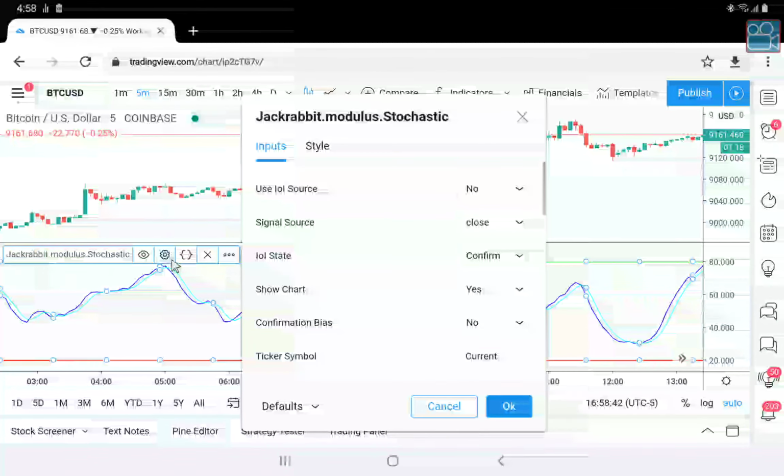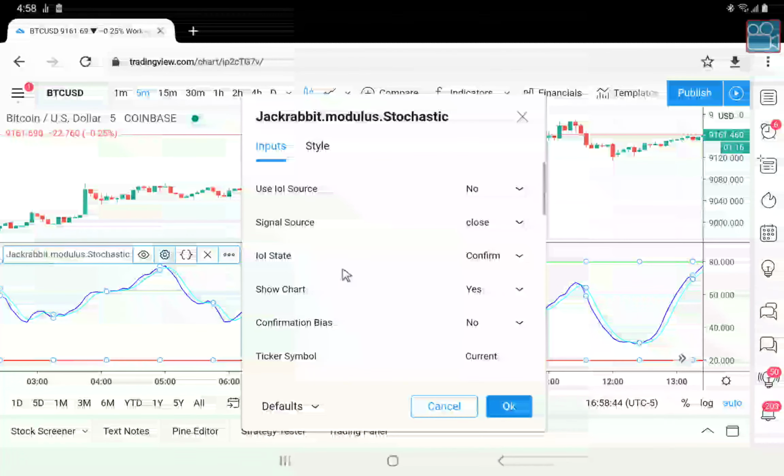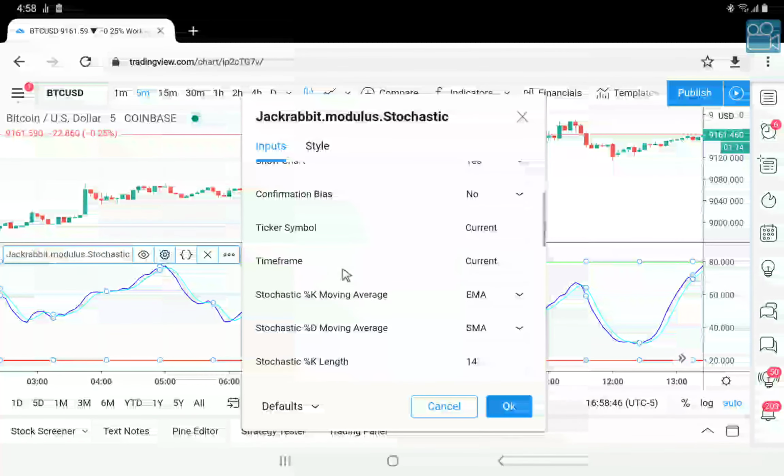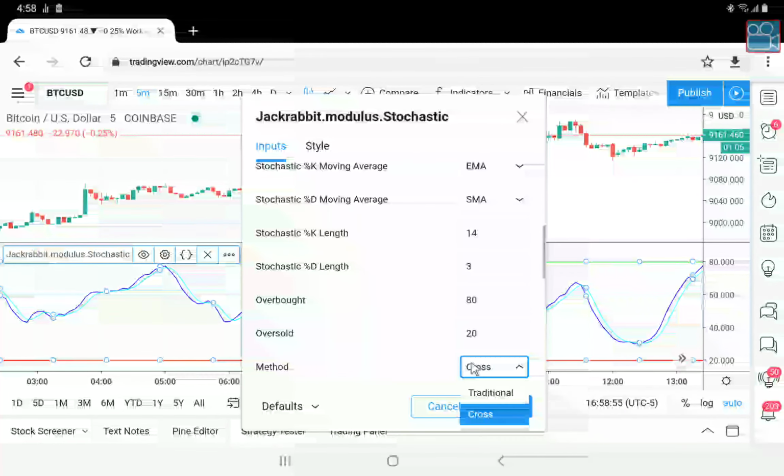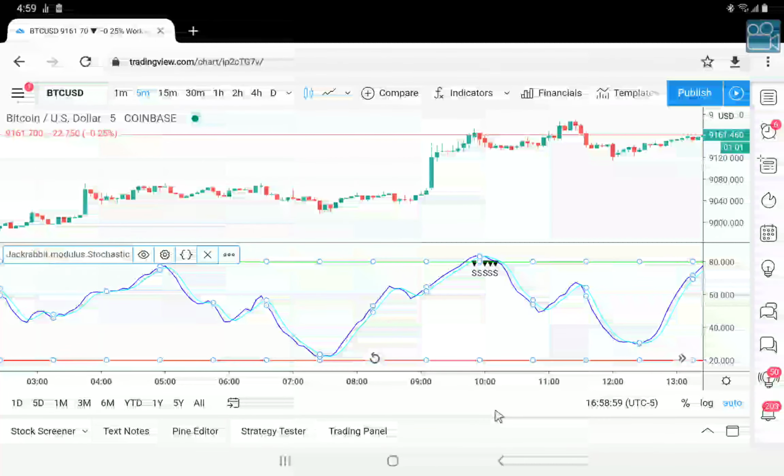Now, these are typically the default settings that you would normally see. I'm going to change the crossover method to the traditional method. What that means is that both the K and the D line must be above or below the boundaries appropriately.